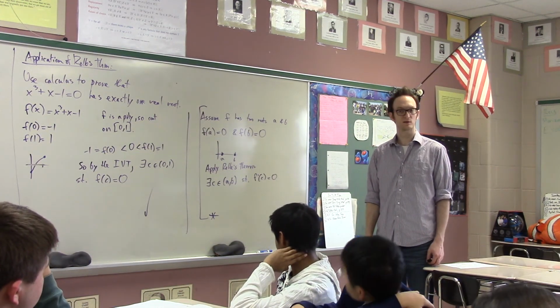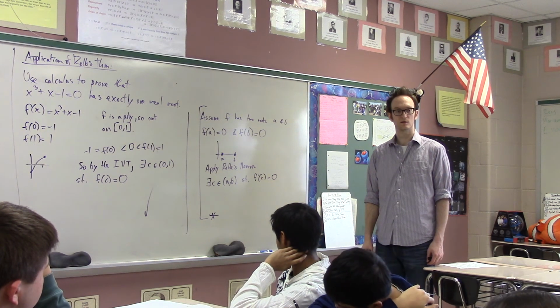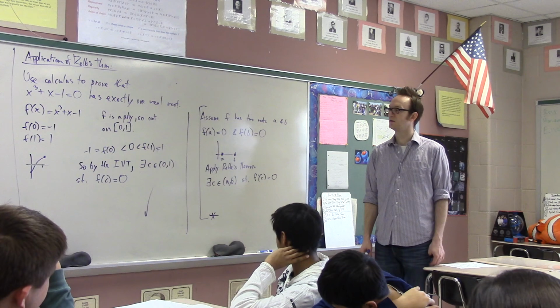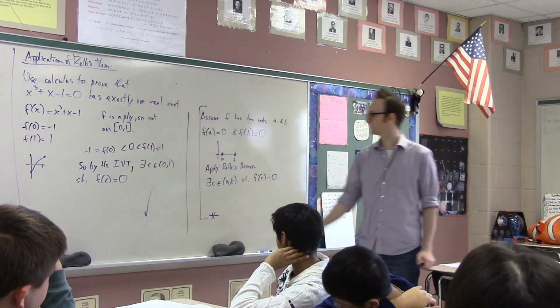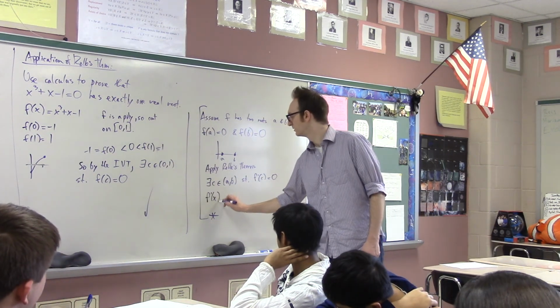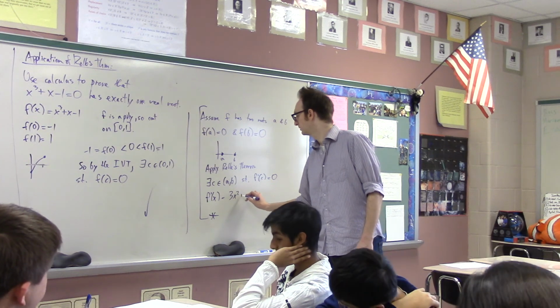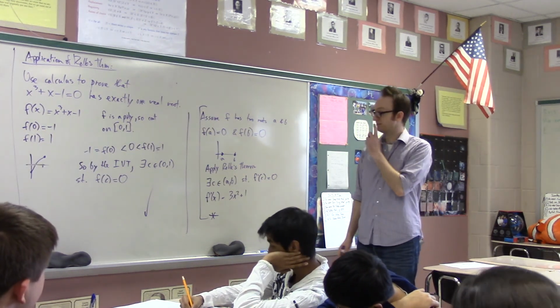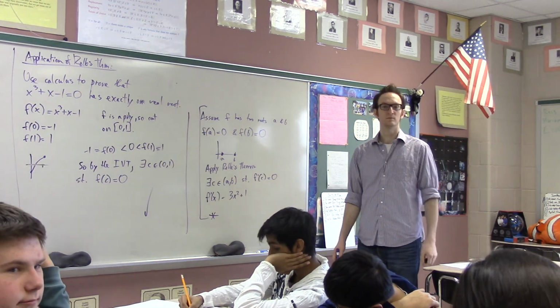So now we take the derivative. What is the derivative of this function? 3x squared plus 1. 3x squared plus 1. And that can never equal 0.